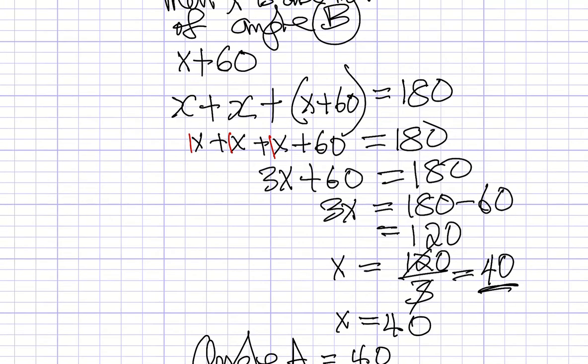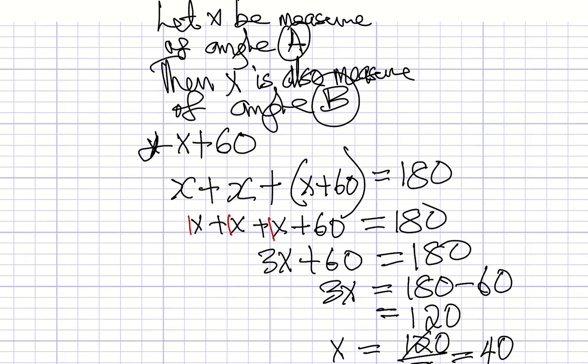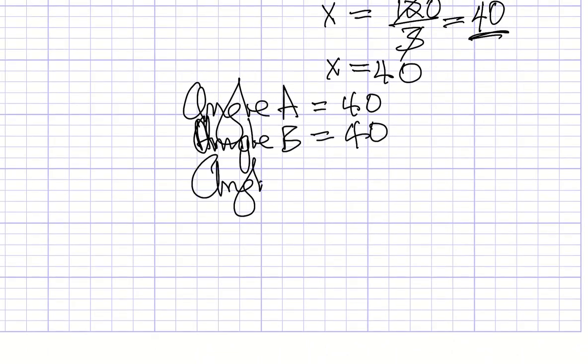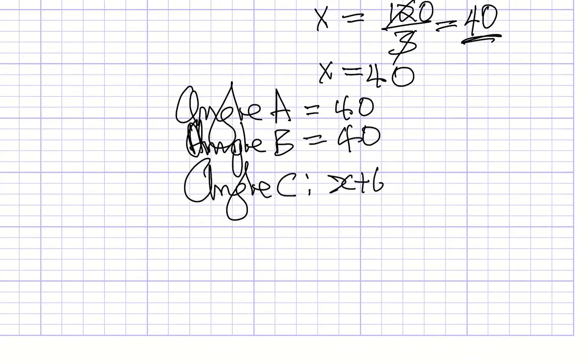And x plus 60 is the measure of angle C. So angle C is x plus 60, which is the same thing as 40 plus 60, and that's 100.